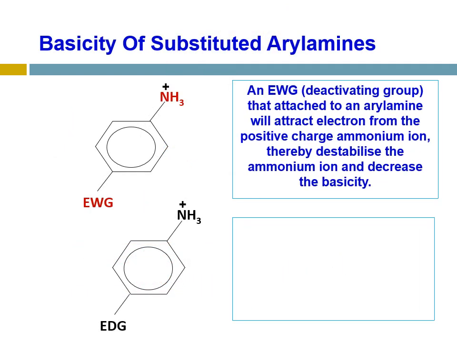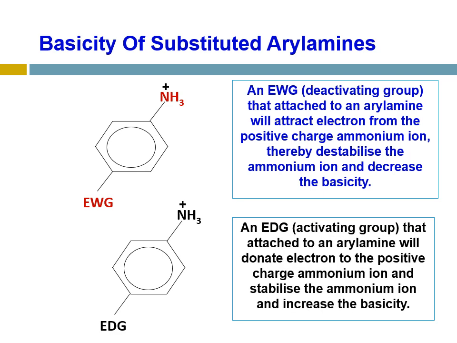Now, what is the effect of EWG and EDG on an aryl amine? The same inductive effect is going to happen on the aniline because an EWG, electron withdrawing group, will attract electron from the positive charge of the ammonium ion and destabilize the aniline, decreasing the basicity.